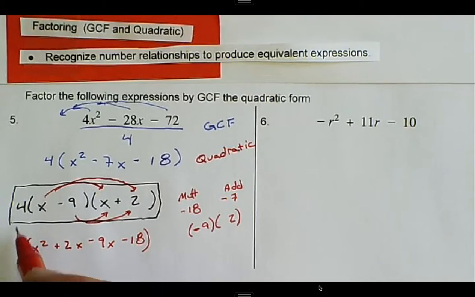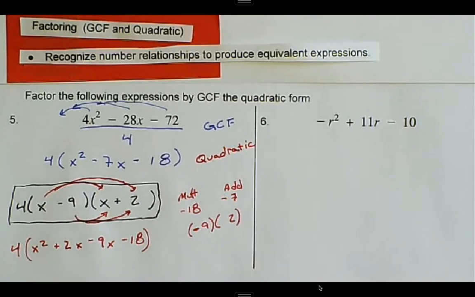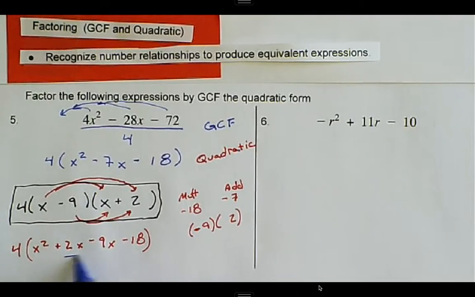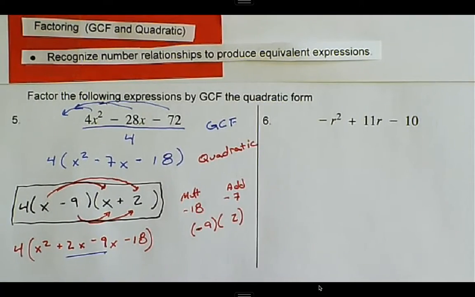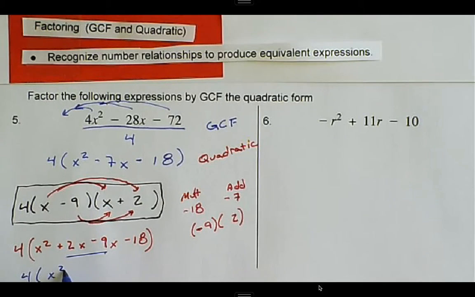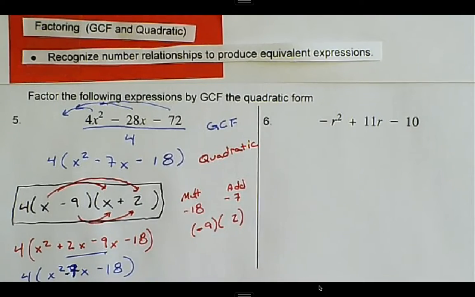In this case, we have to make sure we keep the 4 out front. And then we can combine like terms. So when we combine like terms, we get 4 times x squared minus 7x minus 18. And then the last step, we can distribute the 4 back in.